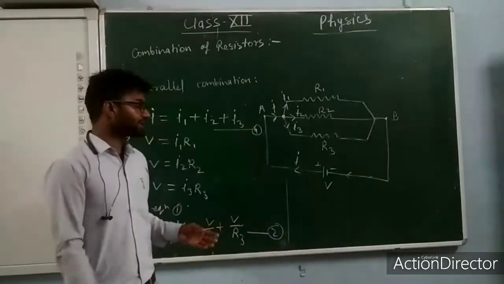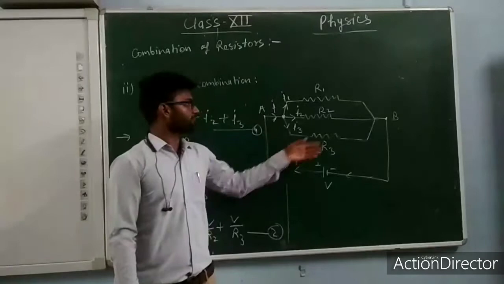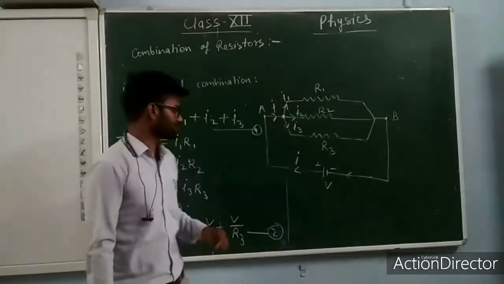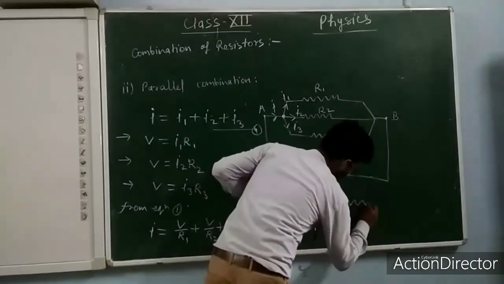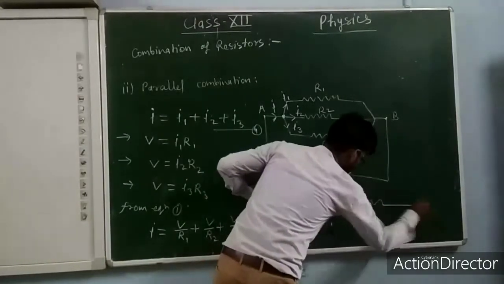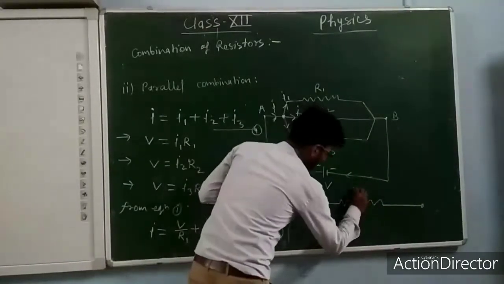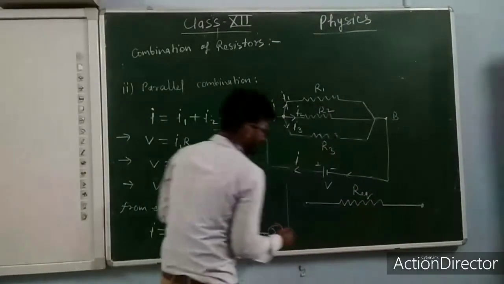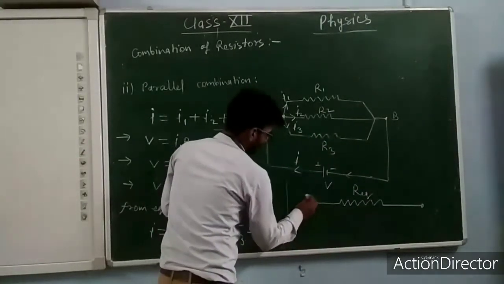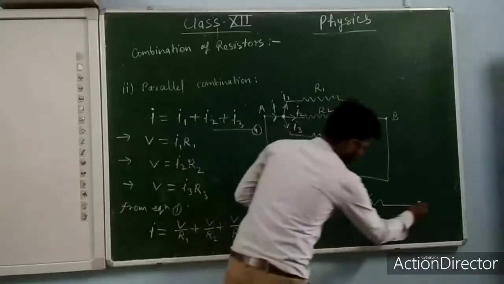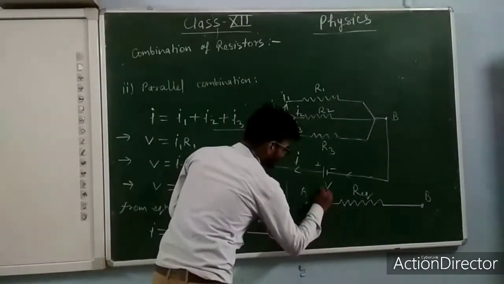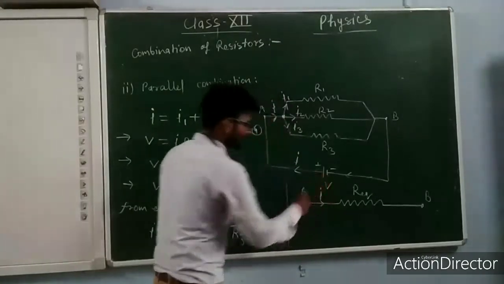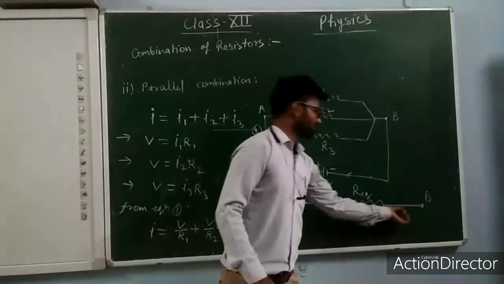Now we can draw the equivalent circuit of this combination of resistors, right? So what will be the equivalent circuit? Equivalent circuit is having one equivalent resistor, and that is connected across the same point, drawing the same current, and voltage is also same.